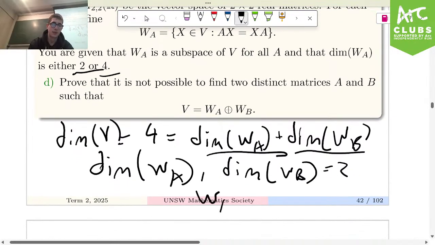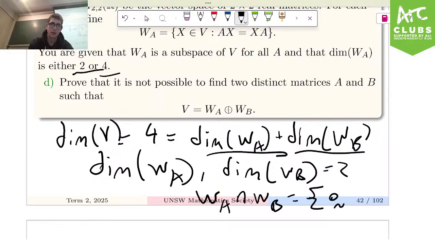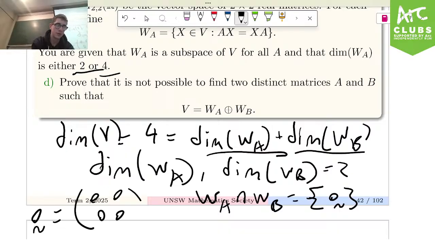So for this to be a direct sum, we need WA intersected with WB to just be the 0 matrix, where this 0 matrix is the matrix of all zeros.